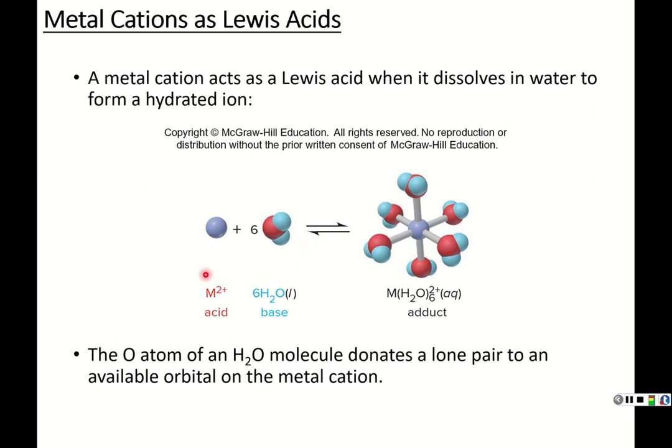Metal cations have a positive charge, and they can accept electrons from any number of substances, in this case water. You put a salt in water, you get a metal dissociating from the anion it's in, and it gets coordinated by water molecules. That's making a Lewis adduct, and the metal is acting like an acid, and the water is acting like a base.